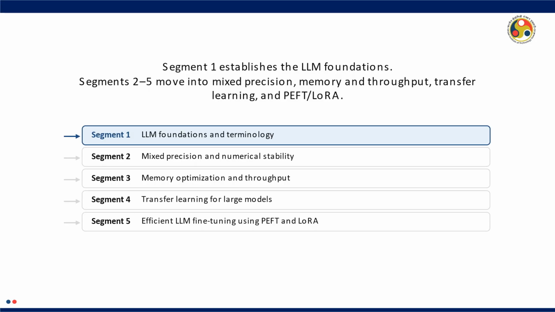In the second segment we will go towards the optimization in terms of mixed precision and numerical stability, and then in segment 3 we will talk about memory optimization and throughput analysis. In the fourth segment we will see transfer learning for large language models.